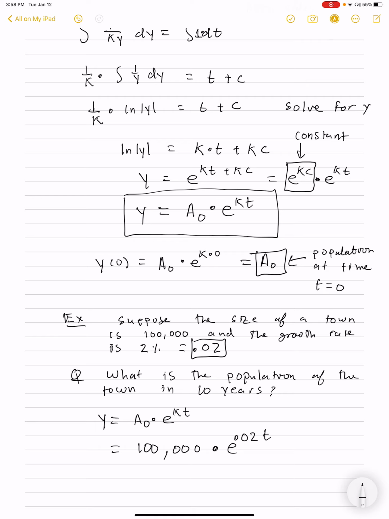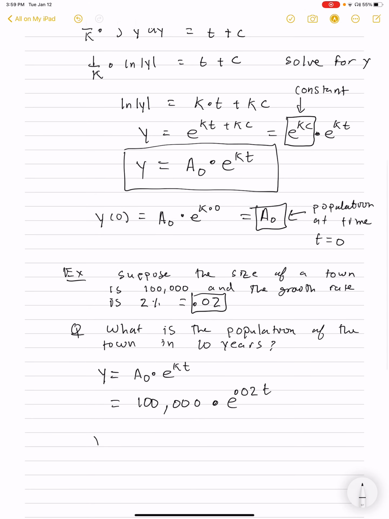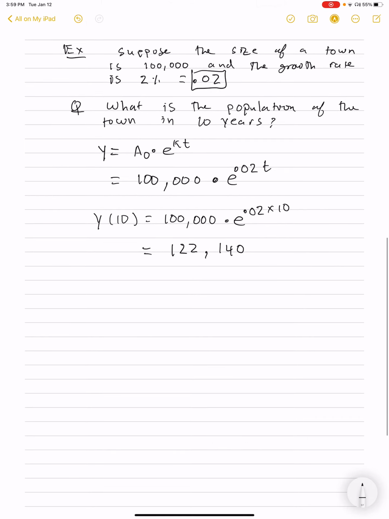Then to figure out the population in 10 years, y 10 years from now is going to be 100,000 times e to the 0.02 times 10. And when you do this calculation, you get 122,140. So that's the approximate population of this town in 10 years.